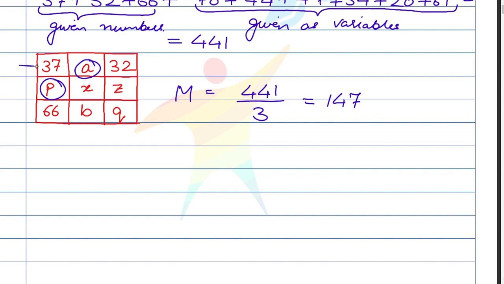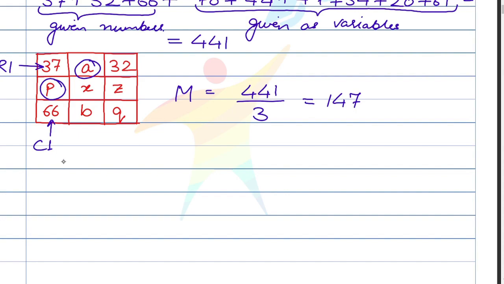By using the magic sum concept in this row, you can find A, and by using the magic sum in this column, you can find the value of P. However, we don't need the values of A and B individually.